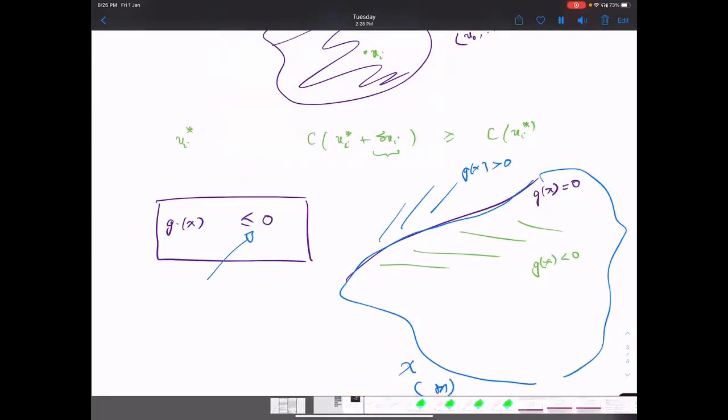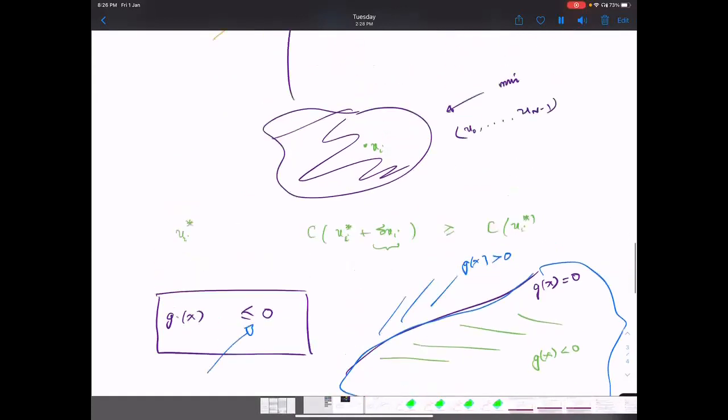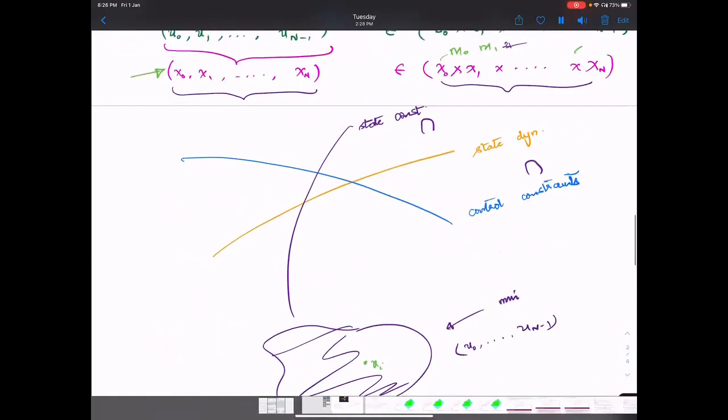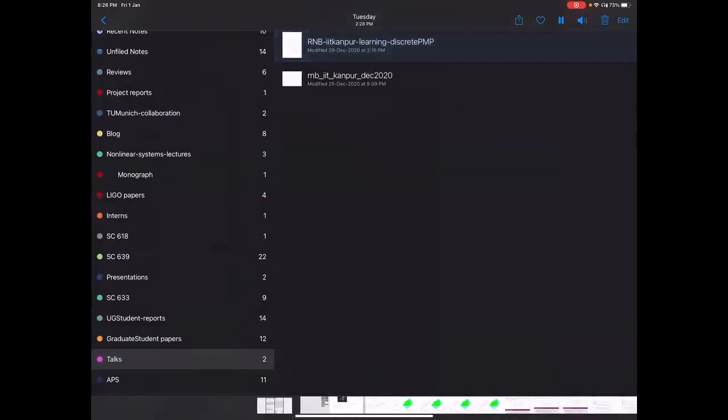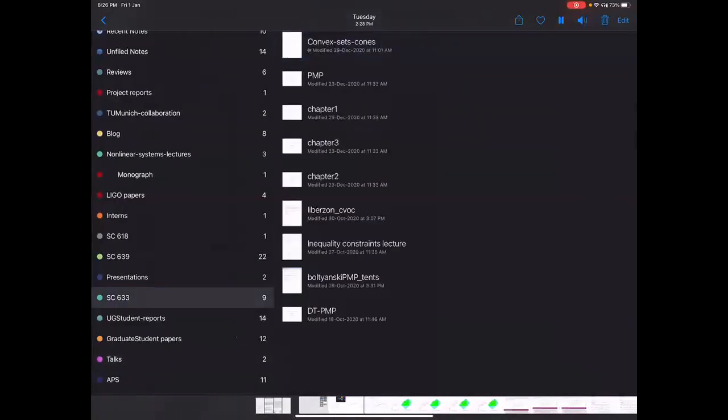Now let's shift to the formal slides now that we have a preliminary idea of how things are in discrete optimal control. Everything is discrete optimization, and it's the intersection of surfaces as I have shown.